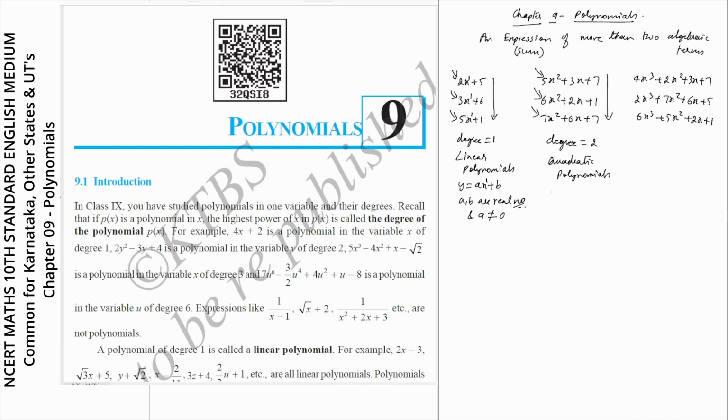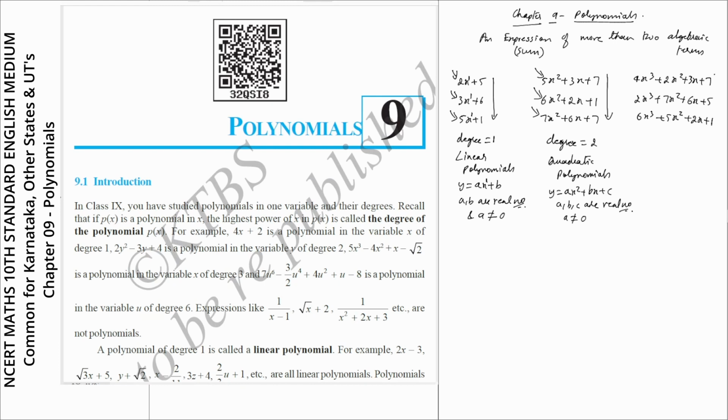And the general form of quadratic polynomials is like this: y is equal to ax square plus bx plus c. Here a, b and c are real numbers, and a cannot be 0 is the condition.